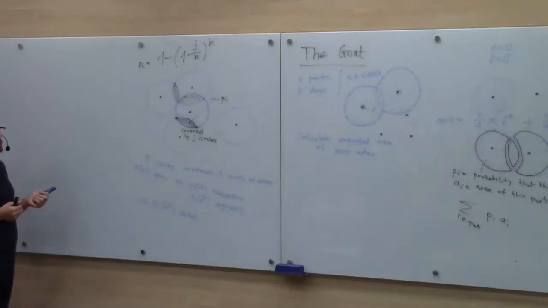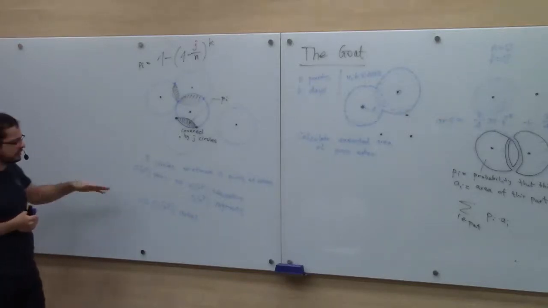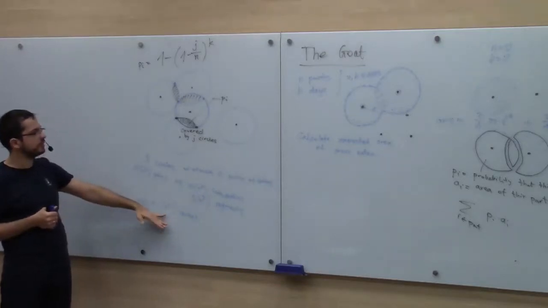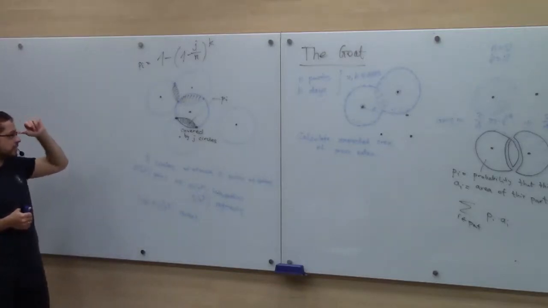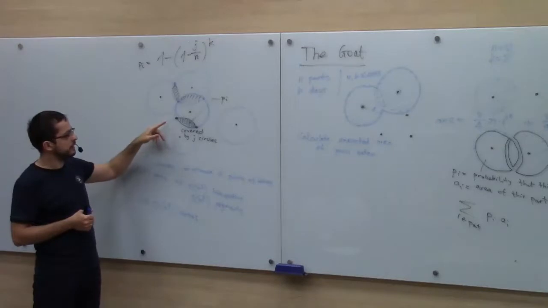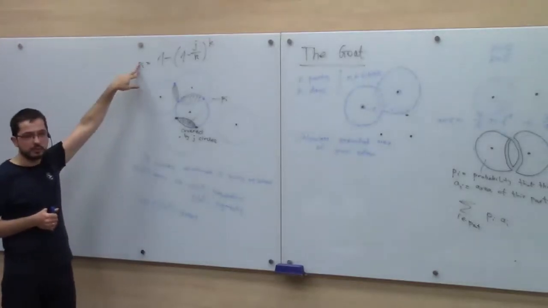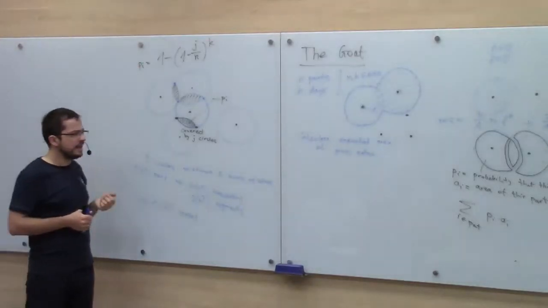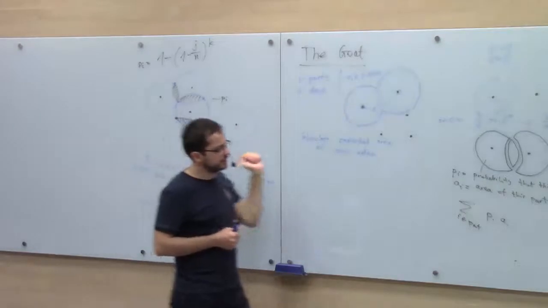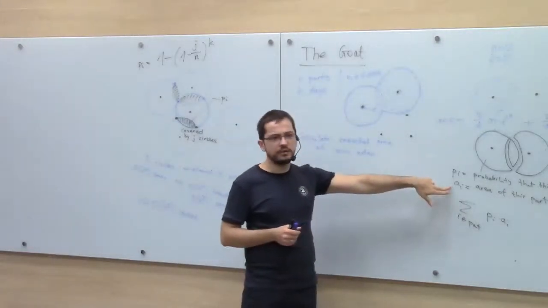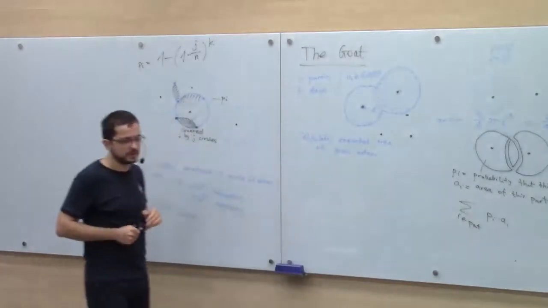So let's look at what we have so far. We calculated that we have at most n squared areas. For each area, if we can calculate the number of circles which enclose this area, we can calculate the probability. And we need to calculate the areas of the parts.